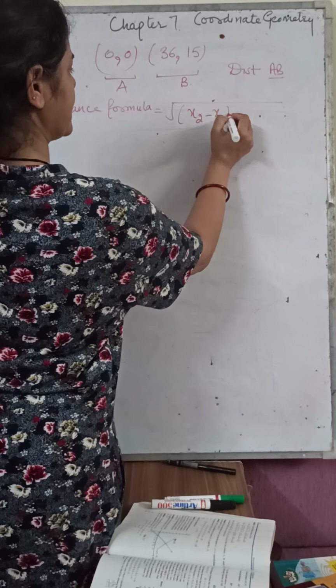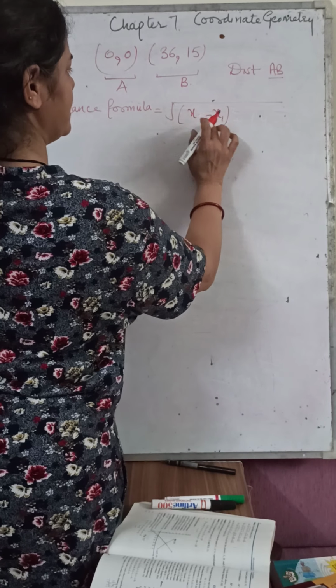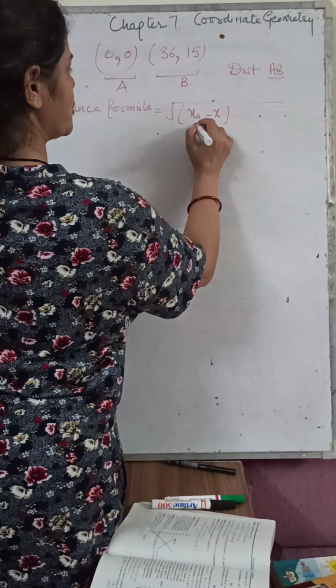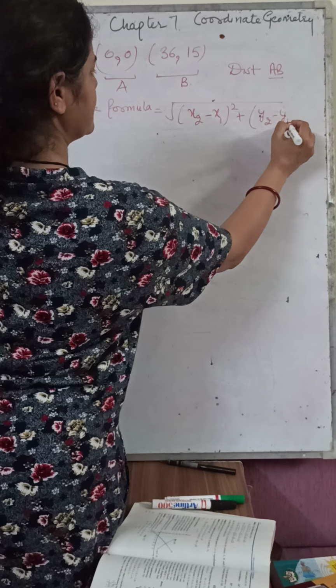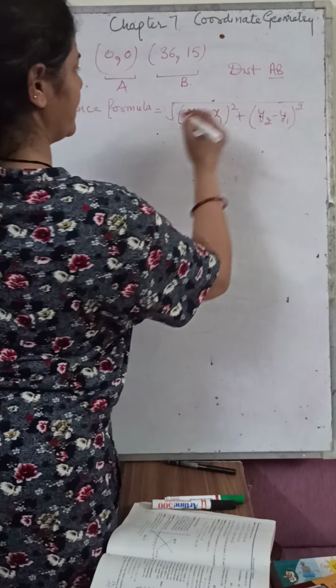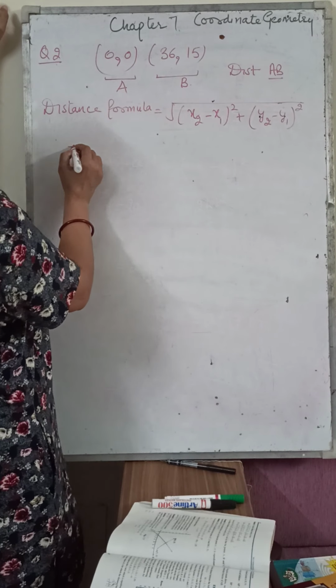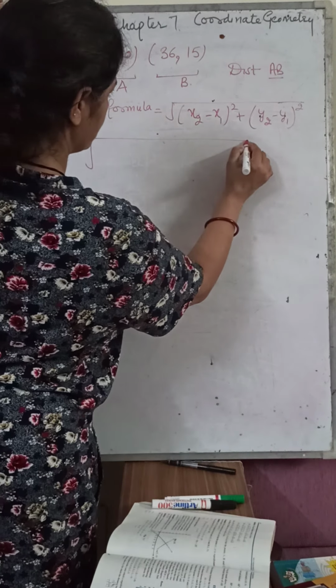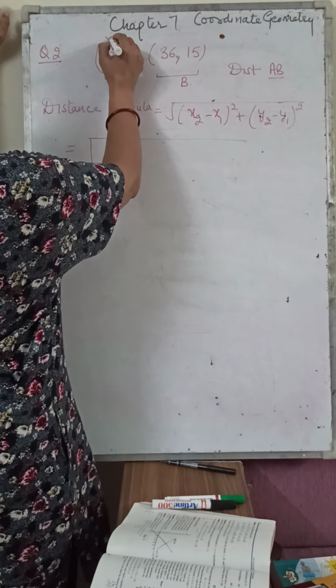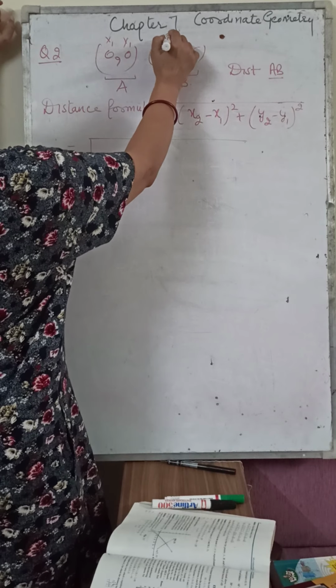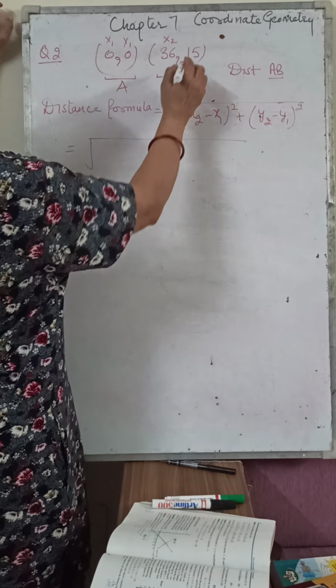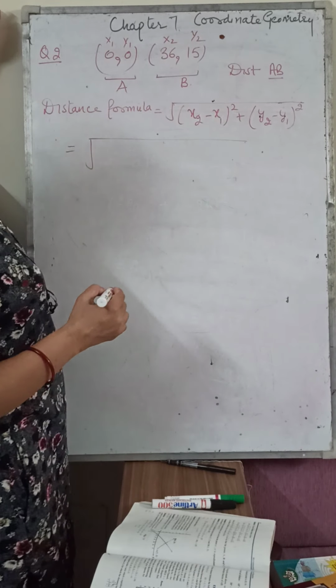Root of (x2 minus x1) whole square plus (y2 minus y1) whole square. This is x1, y1, x2, y2.